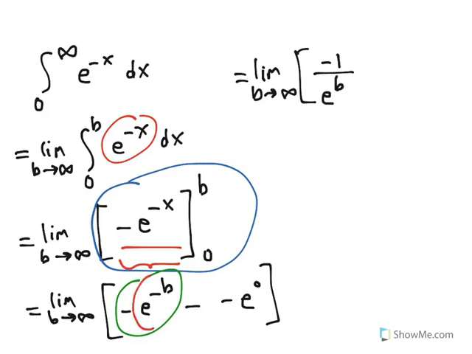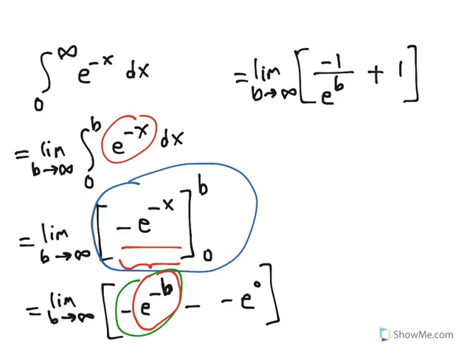You can take this e to the negative b, and using properties of exponents, if you have a negative exponent in the numerator, you can take that to the denominator. And then you have minus negative e to the 0. So minus negative is plus, e to the 0 is 1.